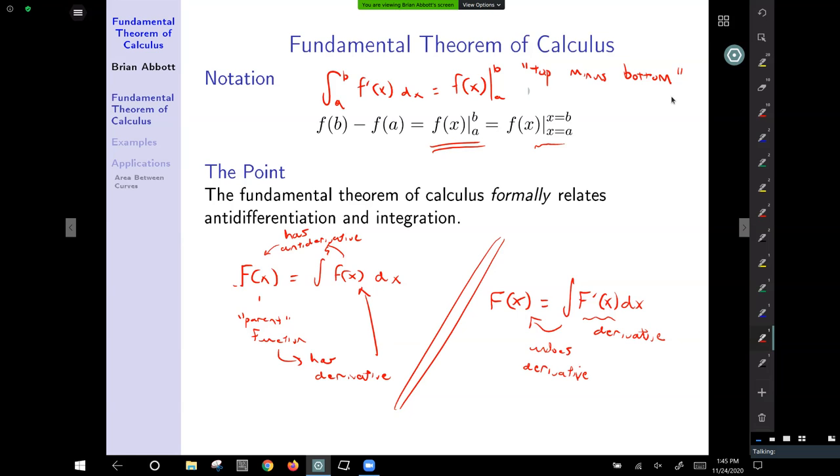It's formalizing the idea of what it means to undo the derivative. Well, that is anti-differentiation. Formalizing this idea that integration is the opposite operation, if you will, on functions of differentiation.